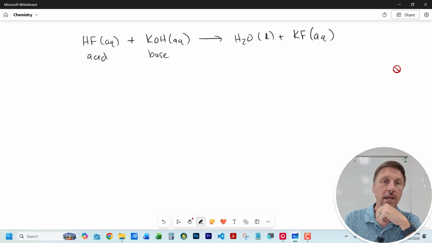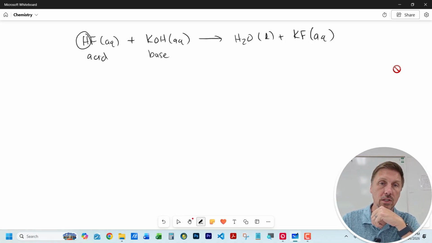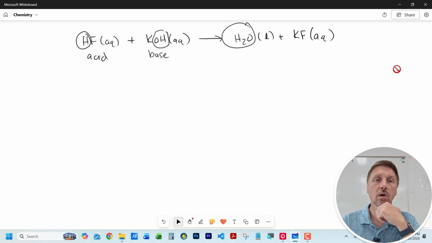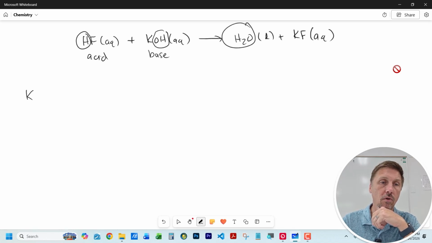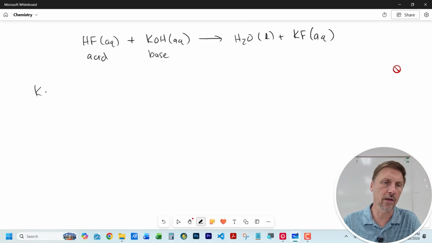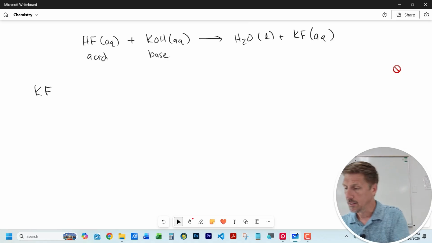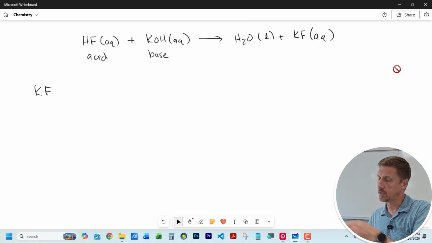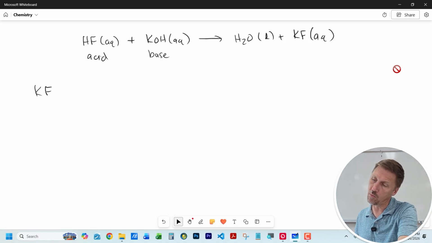And so when that happens, notice this H is going to come over here to this OH, and it's going to form H2O. Well, what's left? We've got a K and an F left. And so the K and the F are going to form an ionic compound. And what ionic compound will it form? Well, K, we go to the periodic table and we look at potassium, and potassium is in column 1.